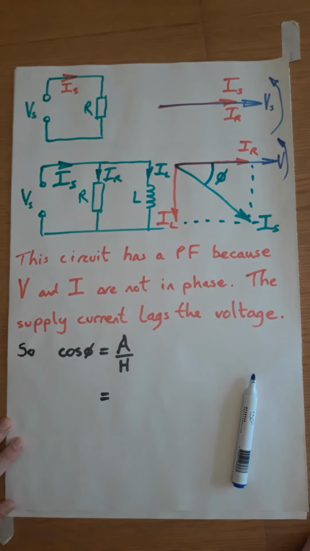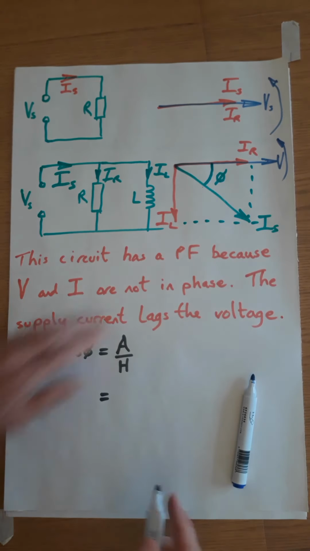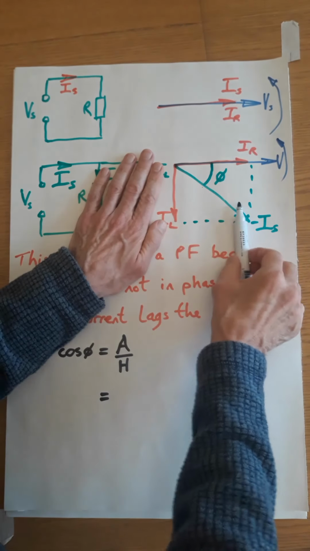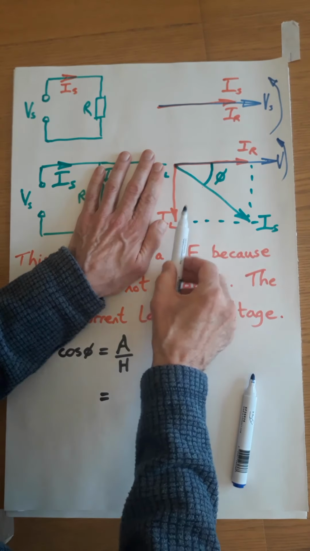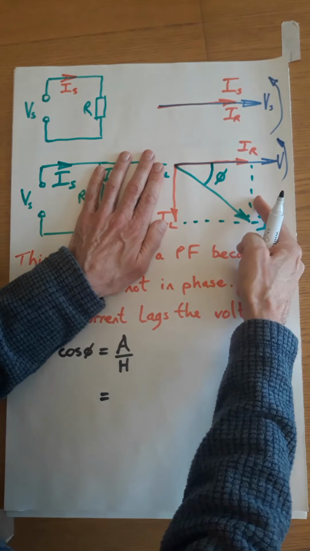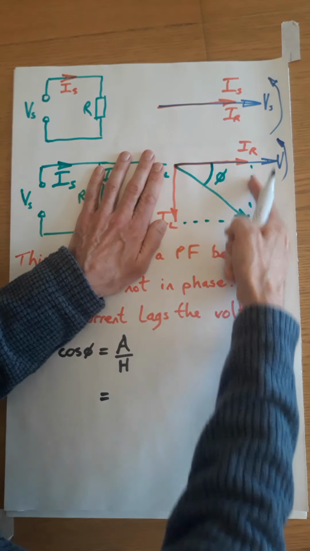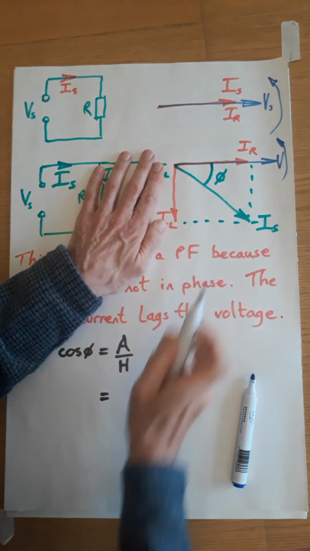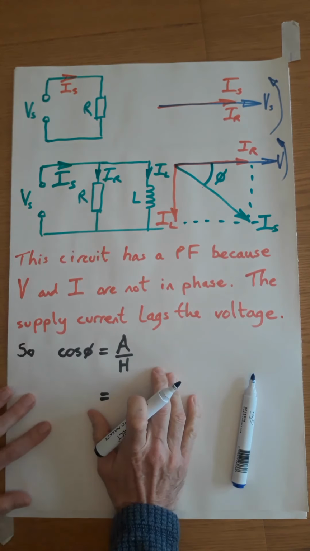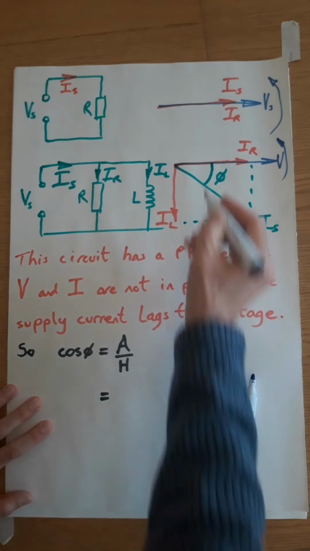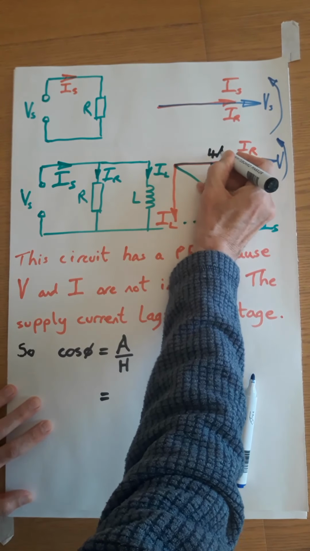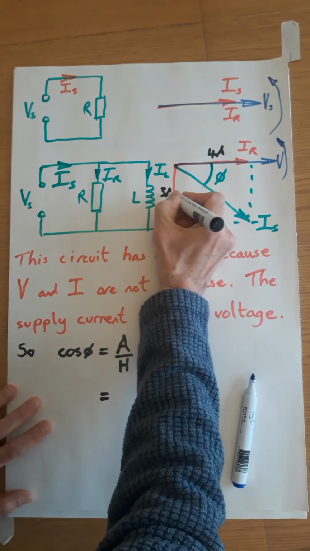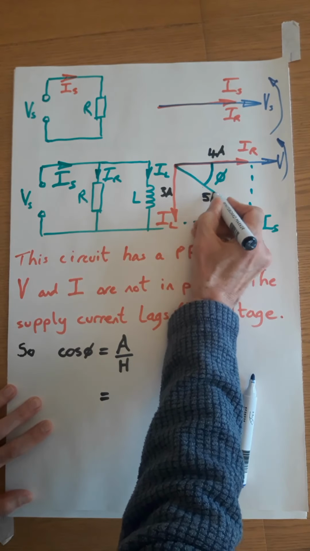Cos phi is A over H. Hopefully you can realize from the work we've done earlier, this is a triangle. If I move this over here, I have a triangle IR, IL, IS, and we have the adjacent and the hypotenuse. And if I just put some numbers on, let's suppose this is 4 amps, this is 3 amps and this is 5 amps.